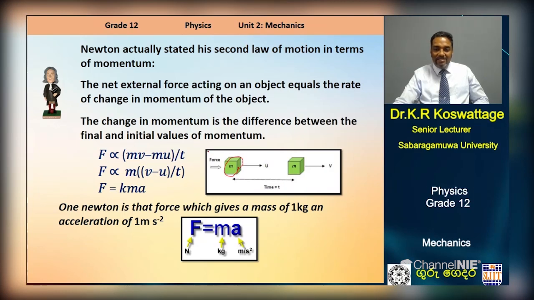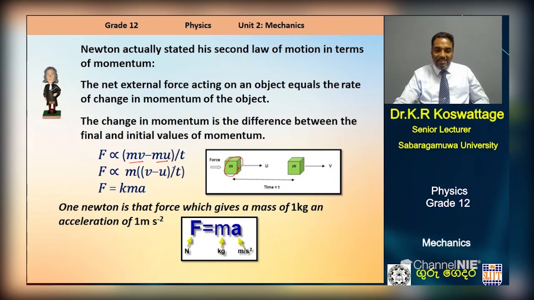Then the initial momentum is mu and the final momentum is mv. So mv minus mu is the change of momentum, and for the rate of change of momentum, we divide by t.